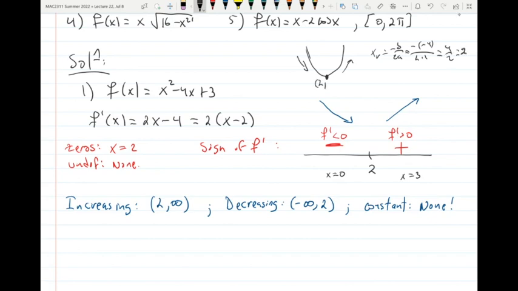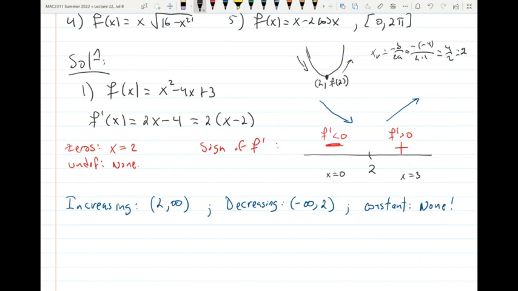So this point is 2 comma f of 2, whatever that is. The point is that to the left of 2 the function is decreasing and to the right of 2 the function is increasing, and that's exactly what we found. So that's our little sanity check. In other words, what we are saying here makes sense.